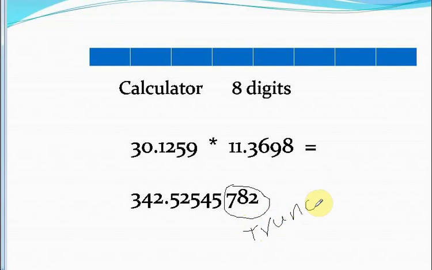Truncation means reducing the number of bits by discarding less significant numbers in the given number to fit this number in this 8 digits.